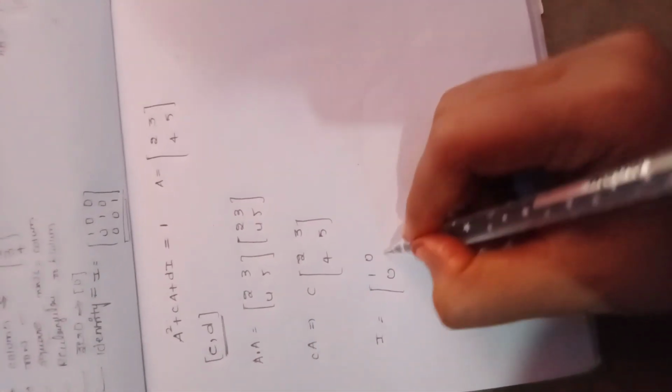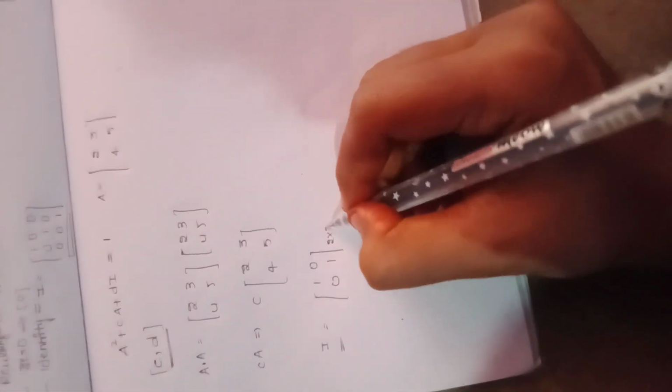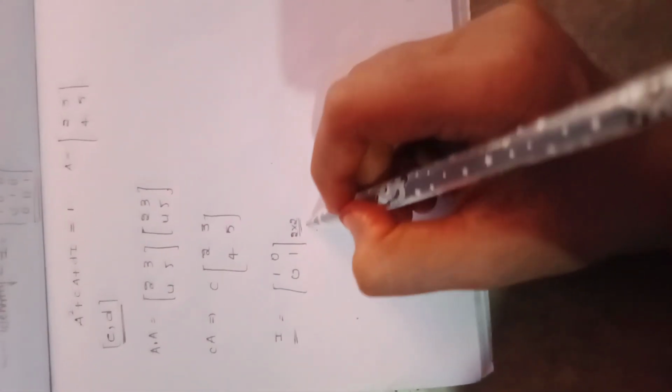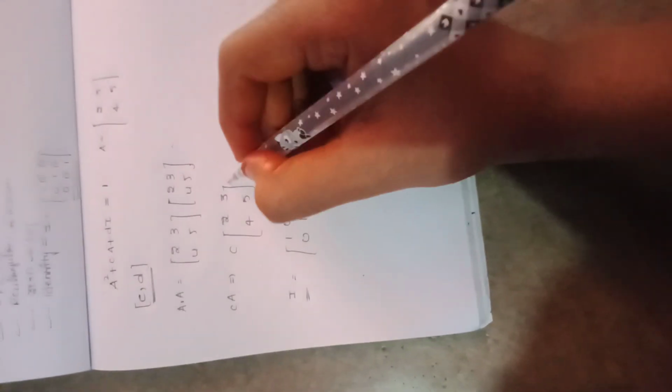And then I, which means 1, 0, 0, 1. I have considered I as a 2 by 2 matrix, since we have only a 2 by 2 matrix, so we have to consider I equal to a 2 by 2 matrix. After we have done this, we have to add all these three.